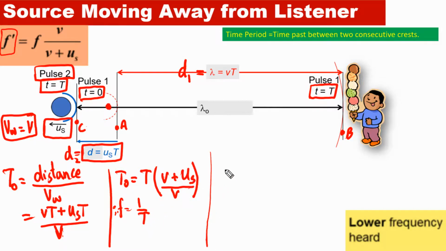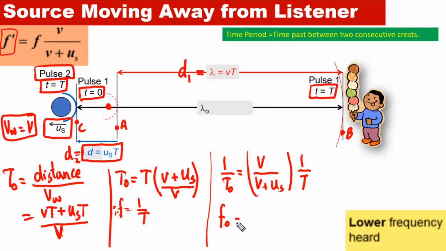So we can take the inverse on both sides and write 1 over the time period, and here we can say v over (v plus u_s). And as we also take the inverse of the time period, this is 1 over T. Now the first one is the observed frequency, so f naught is the observed frequency, and we are left with v divided by (v plus u_s) times the frequency of the source.